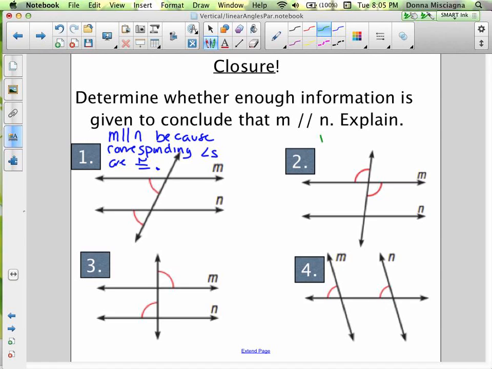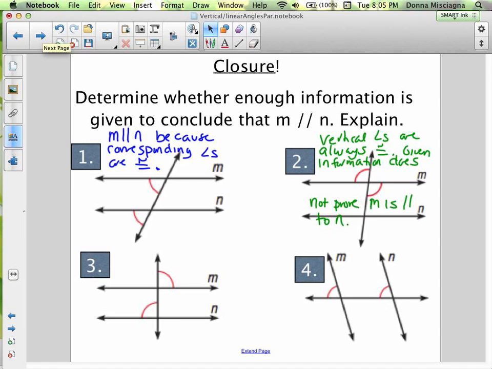Well, we know that vertical angles are always congruent, and therefore the given information does not prove that line M is parallel to line N. I don't want to say they're not parallel, because I don't really know that they're not parallel, but I certainly don't know that they are.